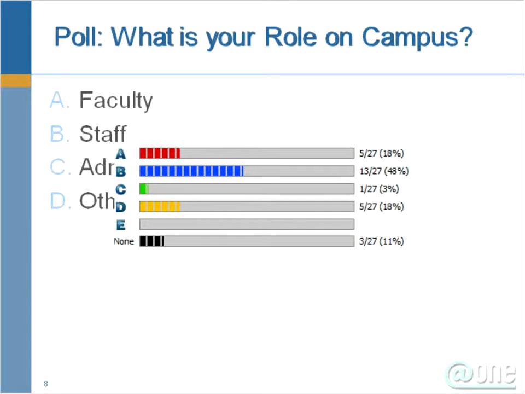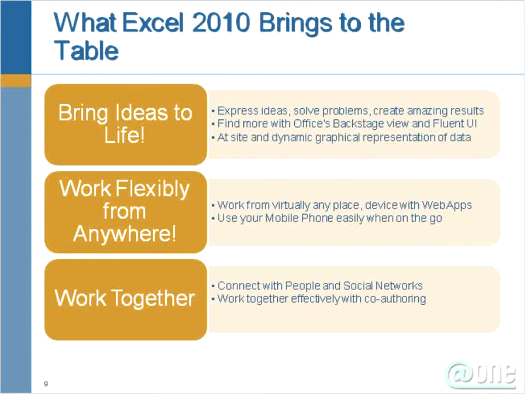Looks like most of you are staff like myself. I should have had an "other" option, as in, do you wear two hats like I do, faculty and staff? I know several of us do that. And we need to know multiple products depending on what we use at our desk and what we use in the classroom. So thanks guys, we're all kind of staff and faculty and a few others.